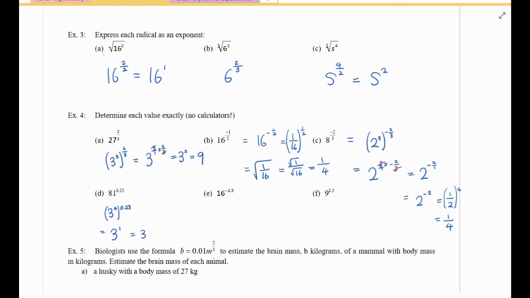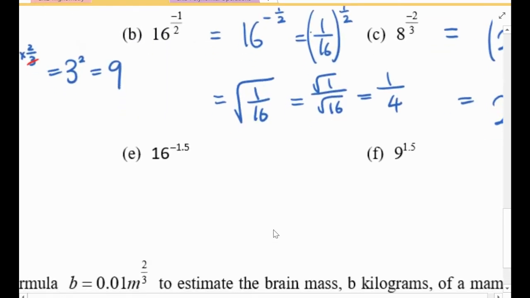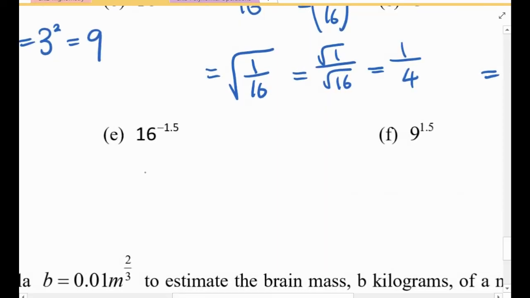Alright, have you tried E and F by yourself? Okay, so 16. Everyone, 16 is 2 to the power of 4, right? To the power of -1.5.